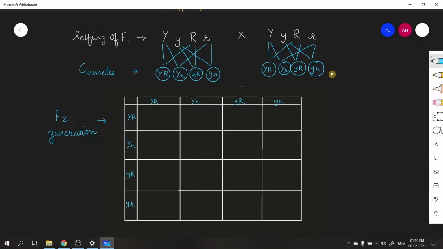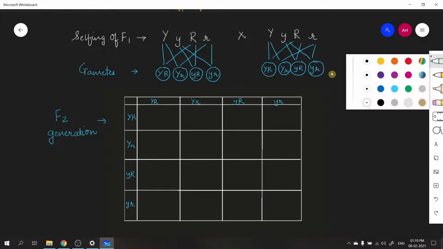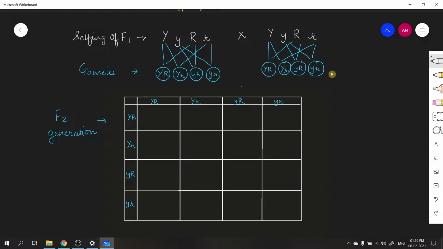Alright. Now next thing is to write down the genotype or find out the possible genotypes here. It is done by writing the gametes of the corresponding box. So let's say if I want to write down the genotype in this particular box, I would consider this gamete and this gamete. Alright.